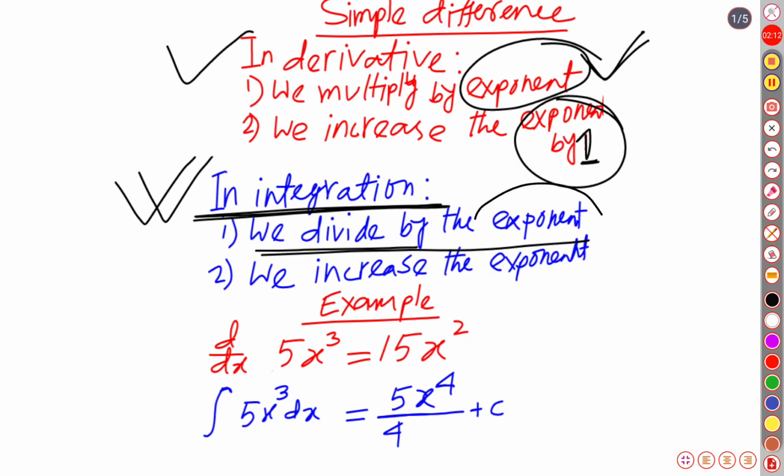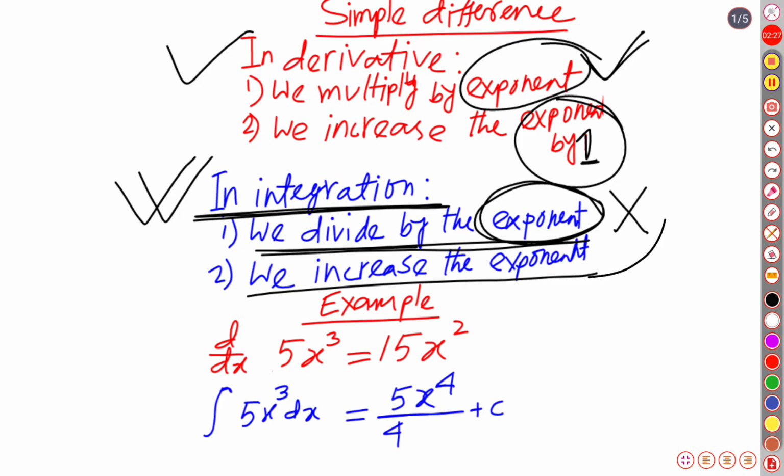In the derivative we multiplied by the exponent, and in integration we will divide by the exponent. After that, we can compare. In the derivative, we subtracted 1 from the exponent. In integration, the exponent will be increased by 1. So it's actually anti-derivative, opposite to differentiation.